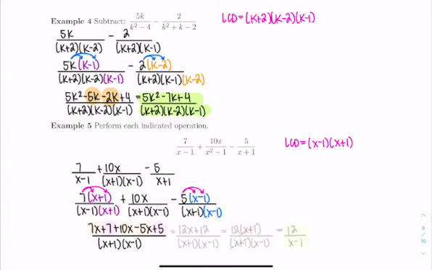So let's go ahead and combine like terms. We have 7x, 10x, and negative 5x. We also have 7 and 5. So 7x plus 10x is 17x, minus 5x is 12x, and 7 plus 5 is 12.